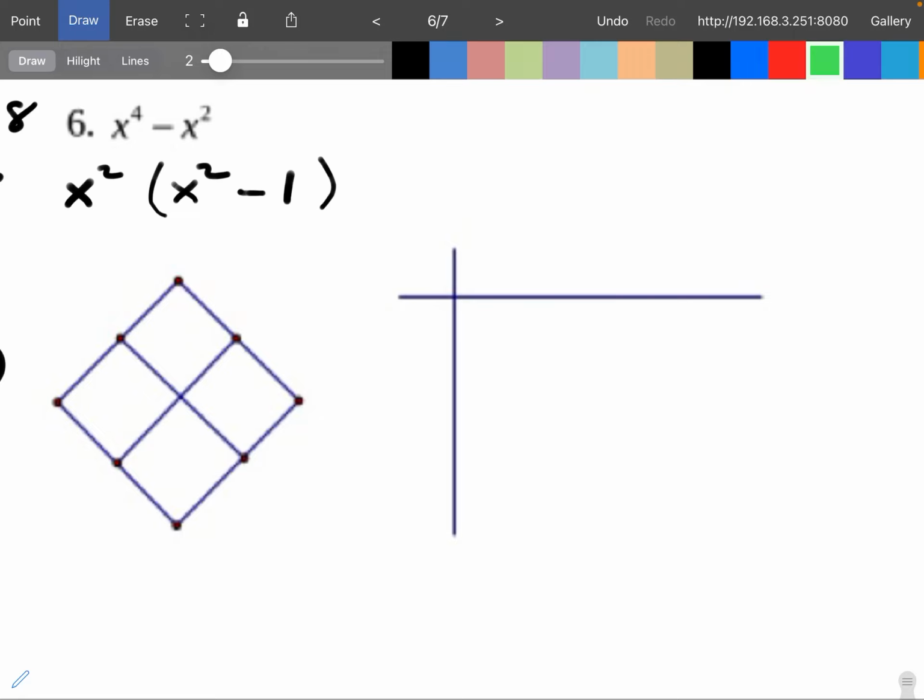So that's just a 1. If you're not sure, just redistribute, right? So you would do x squared times x squared. That would give you x to the 4th. Then you would do x squared times -1. That would give you negative x squared.